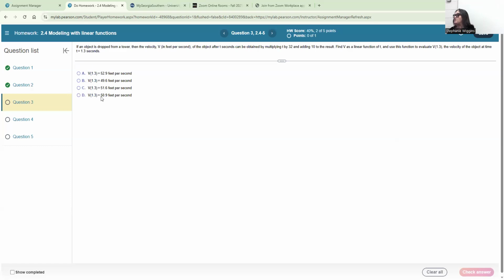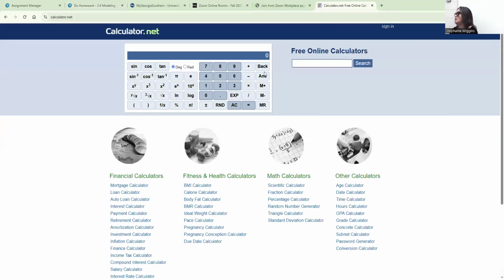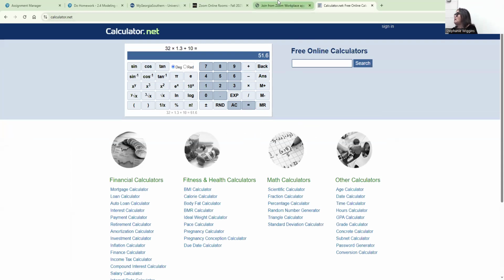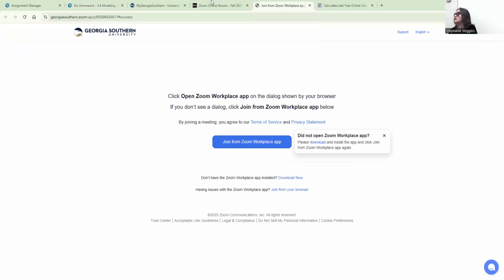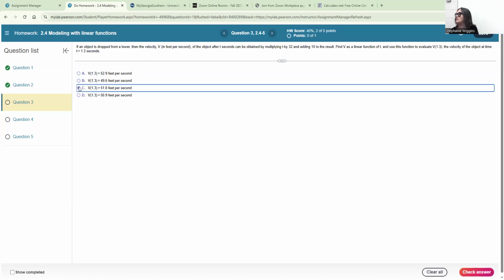So we're taking 32 times 1.3. I'm going to use my calculator to do that. So 32 times 1.3, and then you add 10 to that result, and you get 51.6. That is in feet per second. So there's our answer.